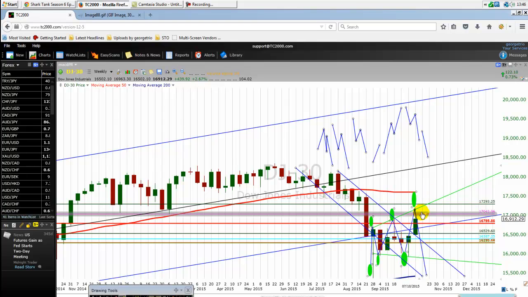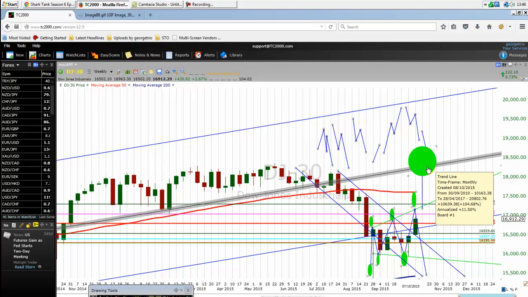The price will continue to go up to retest the median line of the bigger blue channel on the weekly chart, before finding a resistance there to come down.